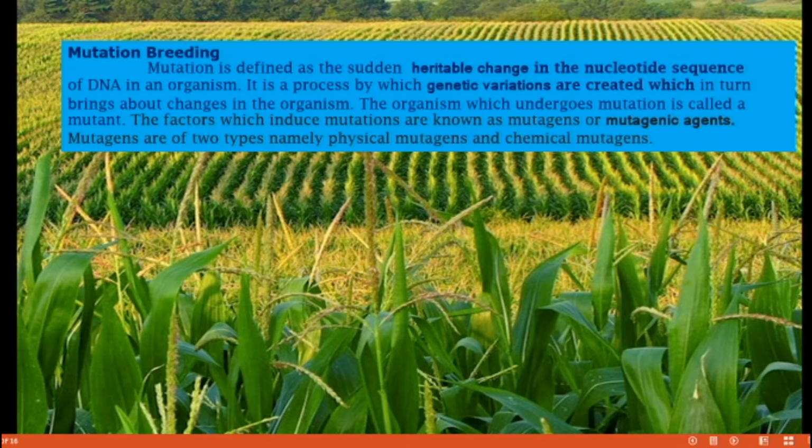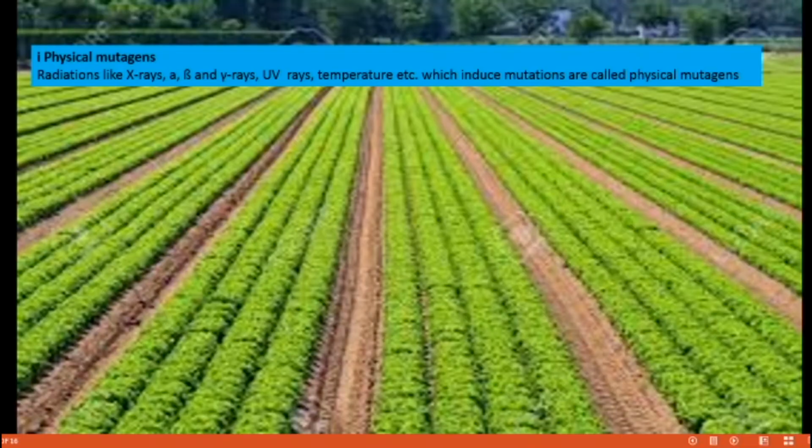Mutagens are of two types, namely physical mutagens and chemical mutagens. What do we mean by physical mutagens? Physical means the external treatment. So radiations like X-rays, alpha, beta, gamma rays, UV rays, and temperature which induce mutations are called physical mutagens.